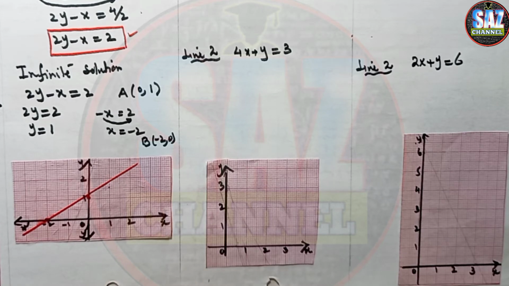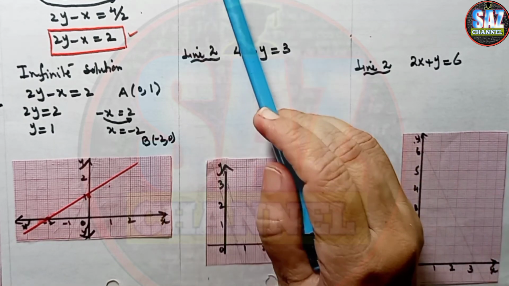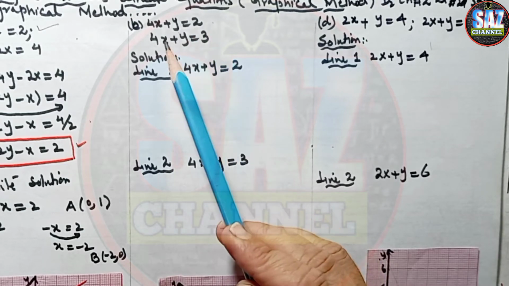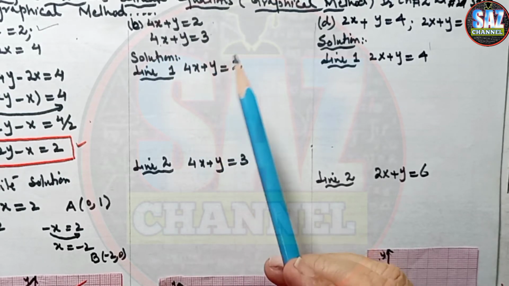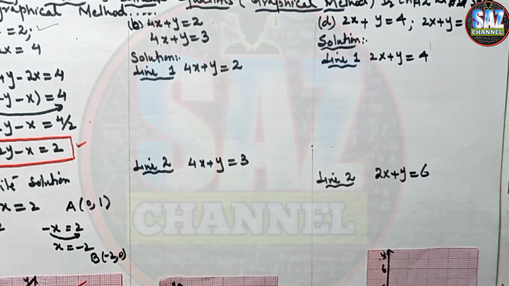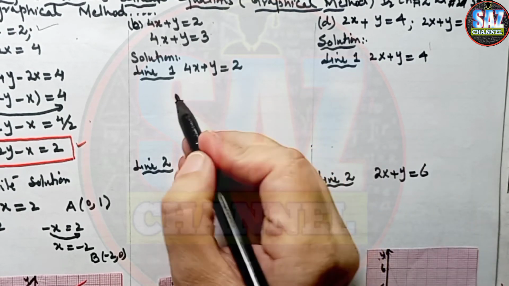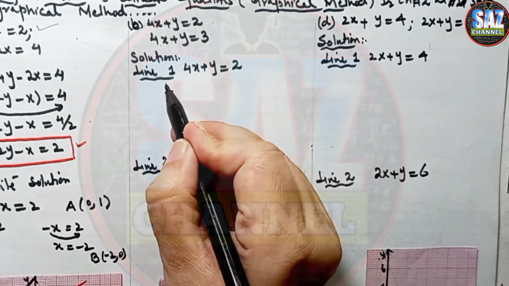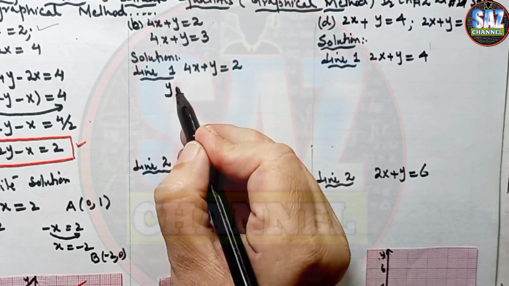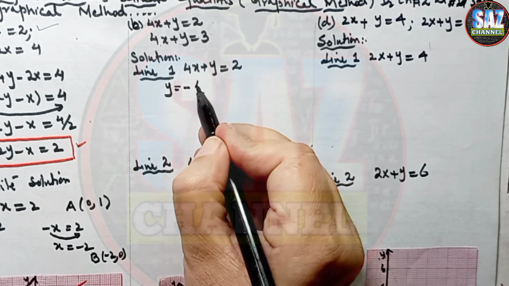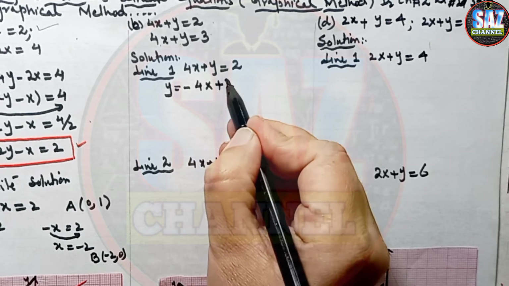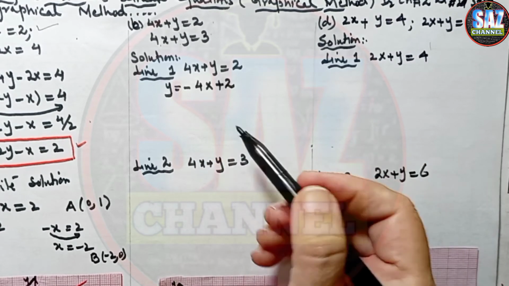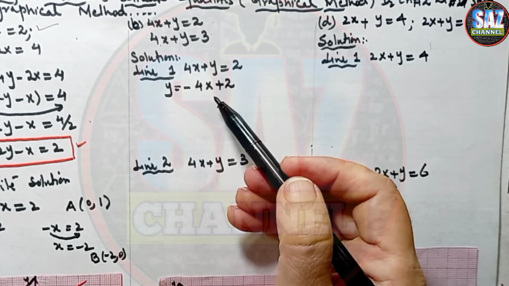Let's move to the next part of the question, that is 4x plus y equals 2 and 4x plus y equals 3. First, let's rearrange the first equation, 4x plus y equals 2. It will take the form y equals minus 4x plus 2. For the plotting purpose, I will be going with intercepts.